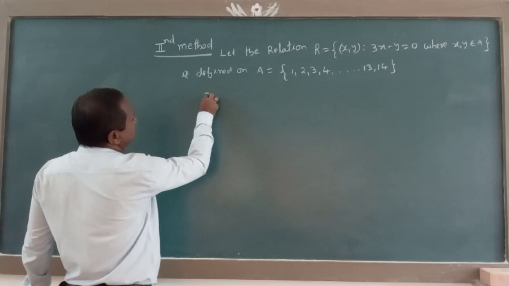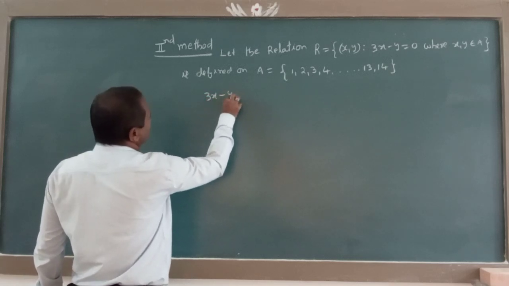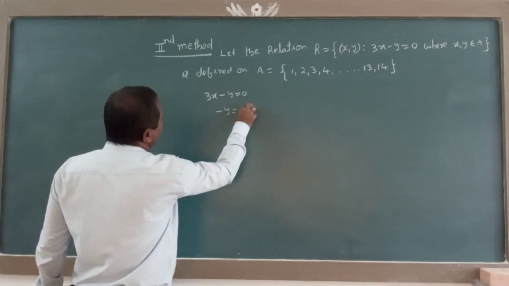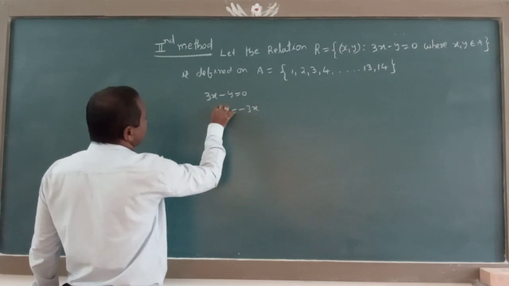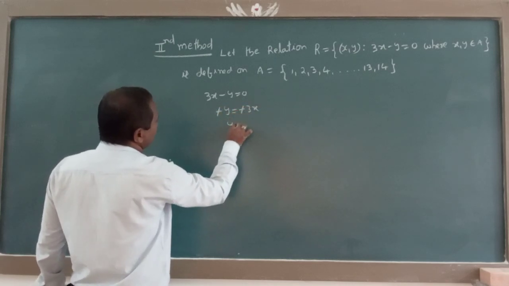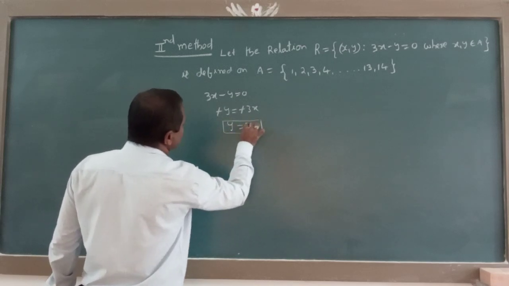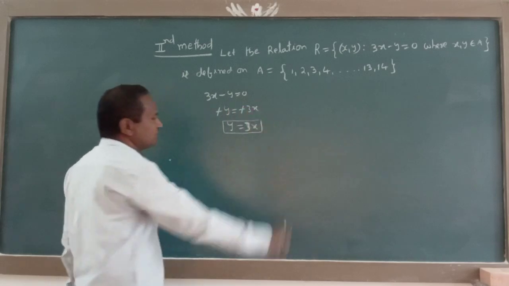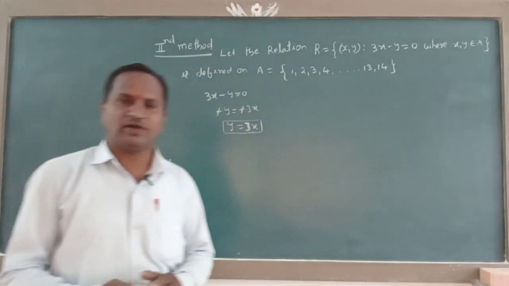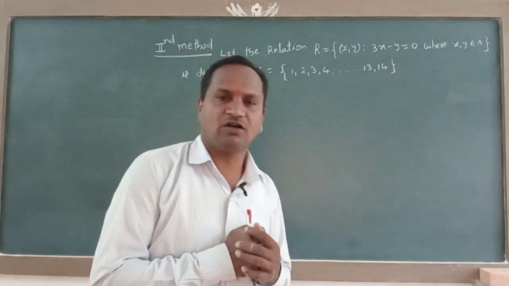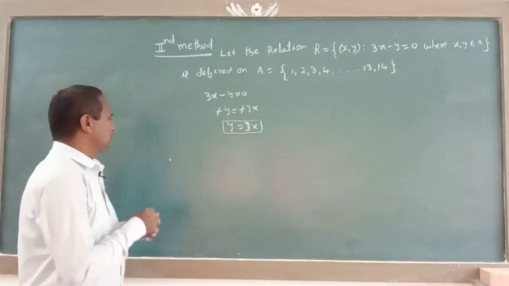Given formula 3x minus y is equal to 0, that is minus y is equal to minus 3x. Minus is cancelled. y is equal to 3x. Based on this formula we are going to find the elements of the relation capital R. How, I will show you.